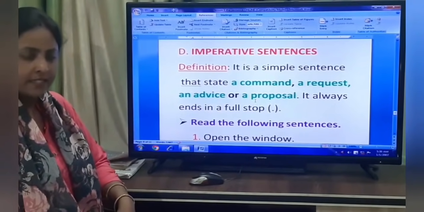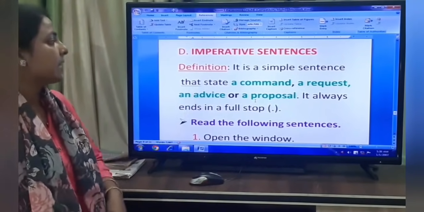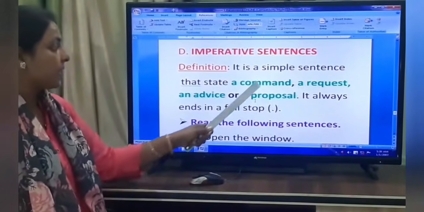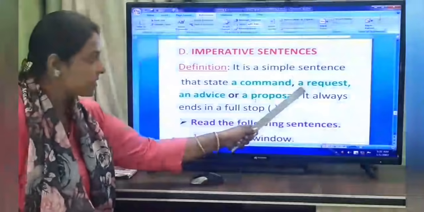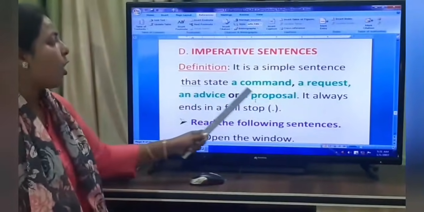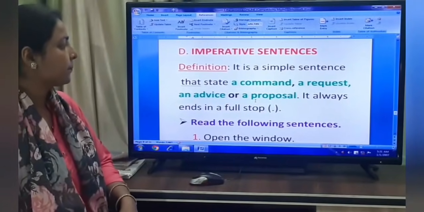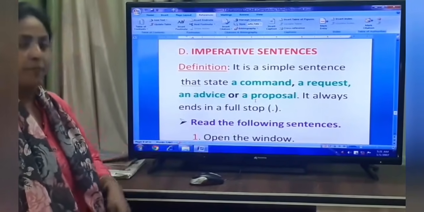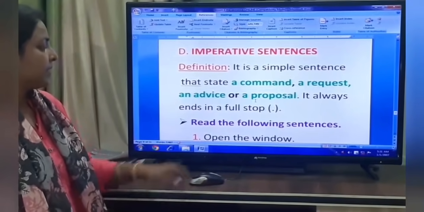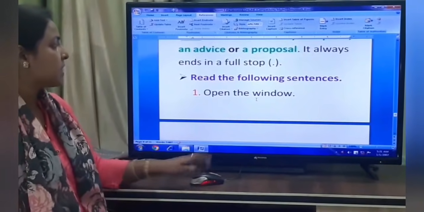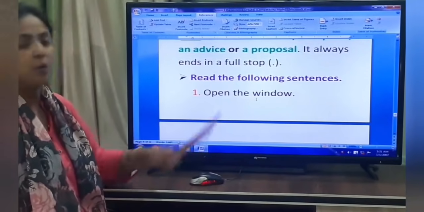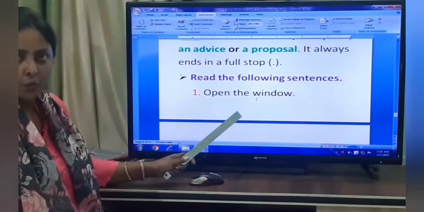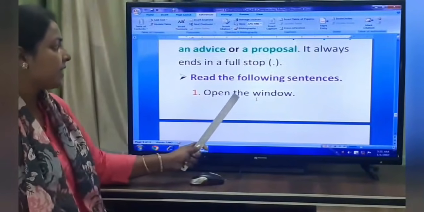I repeat, it is a simple sentence that states a command, a request, an advice, or a proposal. It always ends in a full stop. Here we go through a sentence. Open the window. The first example I have written for you is open the window.